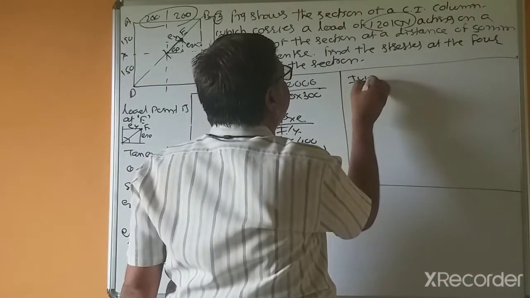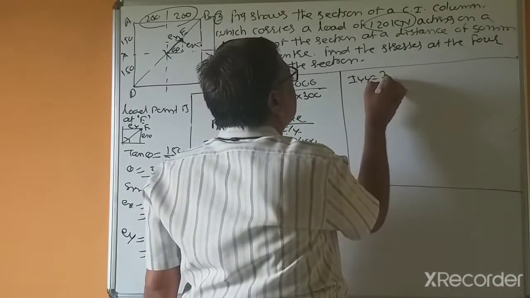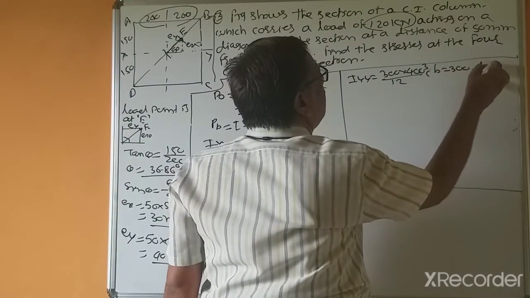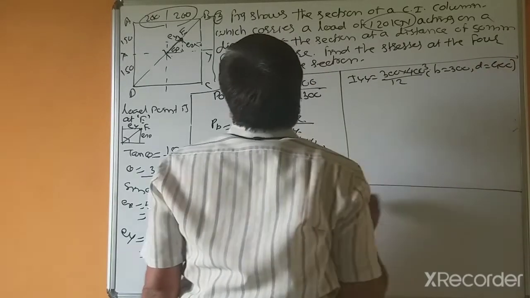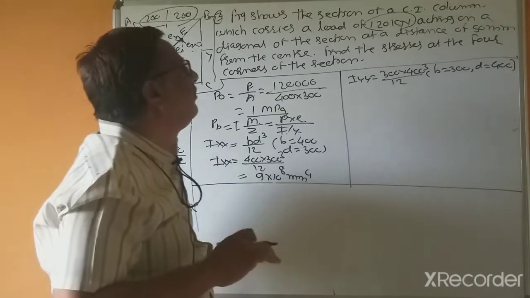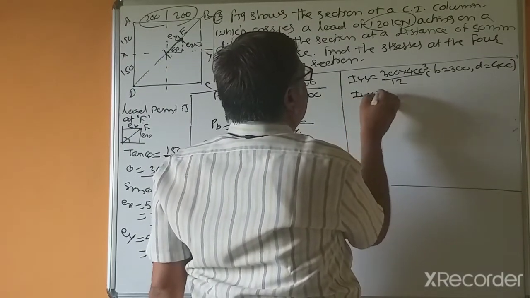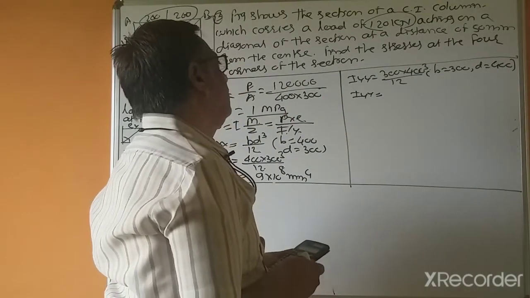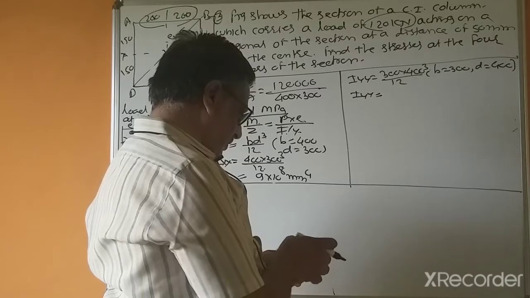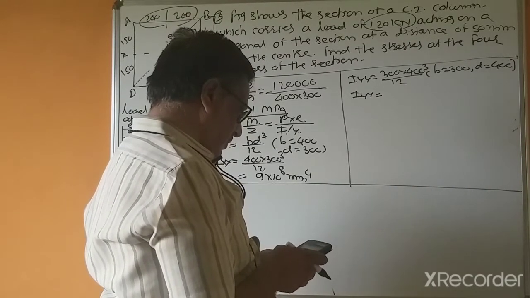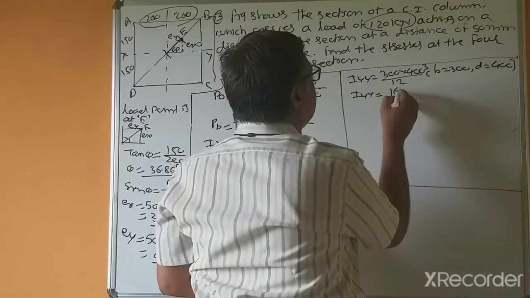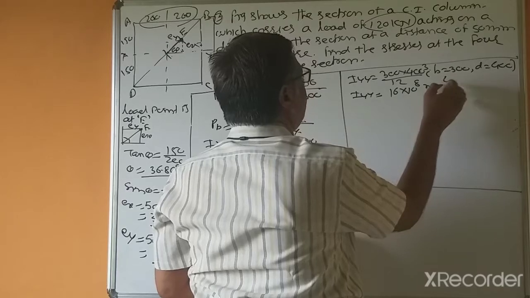Similarly, Iyy, with B equal to 300 and D equal to 400, is B D cube divided by 12. So Iyy is 300 multiplied by 400 cube divided by 12, equal to 16 into 10 to the power 8 mm raised to 4.